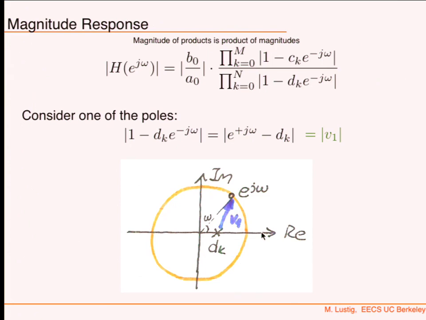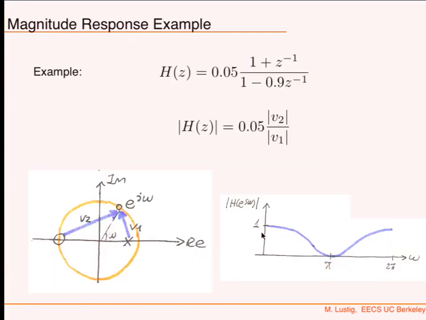So here's just an example of H(z) equals 0.05 times (1 plus z^-1) divided by (1 minus 0.9 z^-1). We have a zero at z equals minus 1, and we have a pole at z equals 0.9 on the reals.